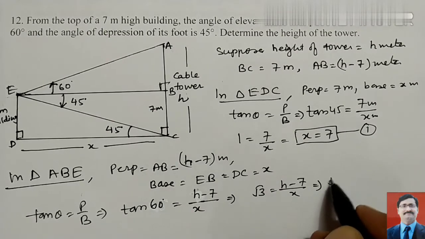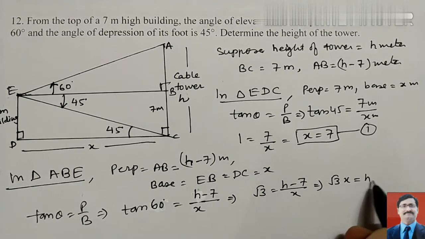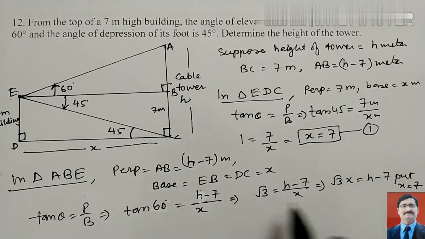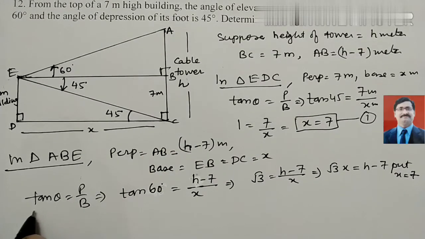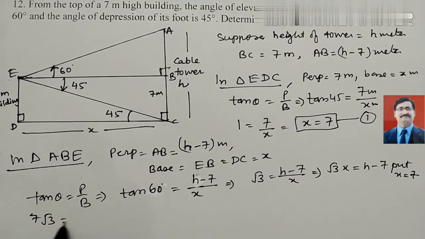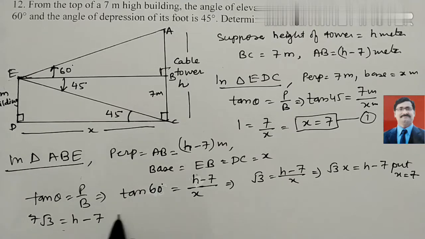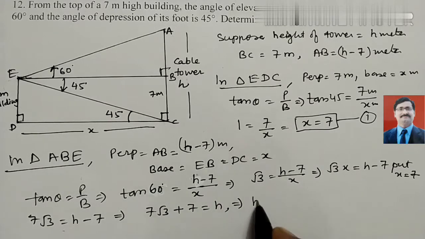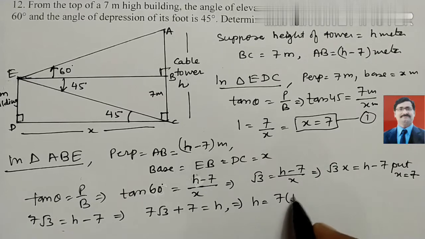Cross multiplying, root 3 x equals h minus 7. Here we put x equal to 7. In place of x if we put 7, we get 7 root 3 equals h minus 7. This 7 we transfer, 7 root 3 plus 7 equals h. This implies h equals 7 taking common, root 3 plus 1.